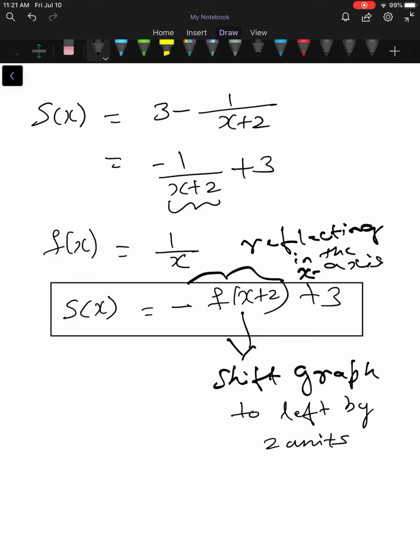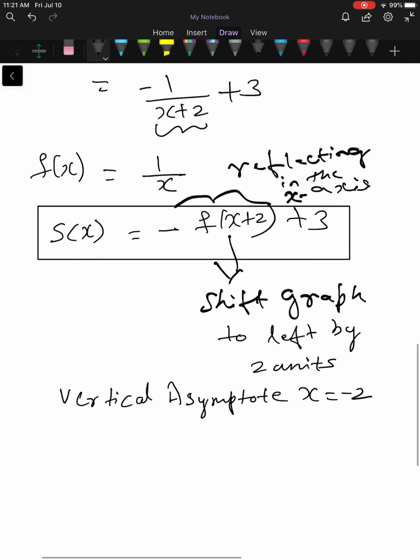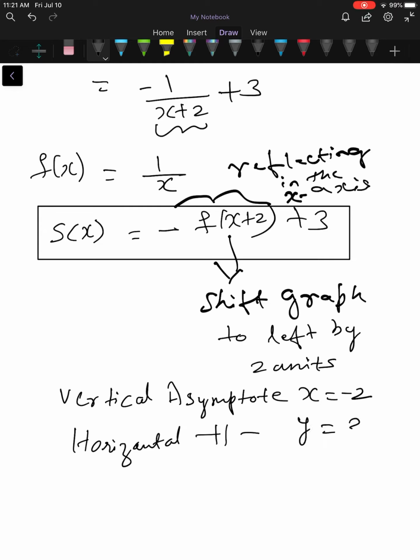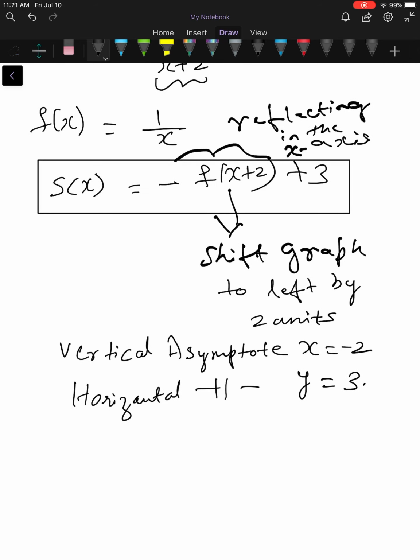So that would give us our vertical asymptote. You are shifting the graph to the left by 2 units, so it would be 0 minus 2. So the vertical asymptote is x equals -2, and the horizontal asymptote is y equals 3.